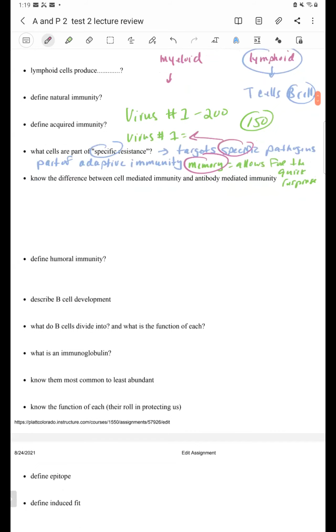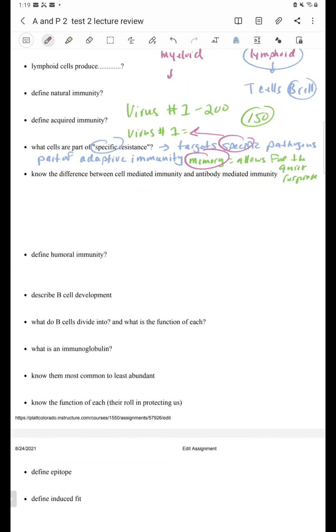Okay, cell-mediated immunity versus antibody-mediated immunity. That's part of what we did with our longhand notes.